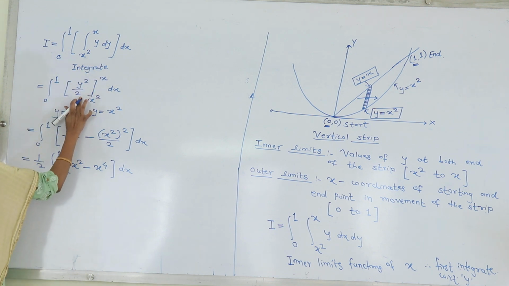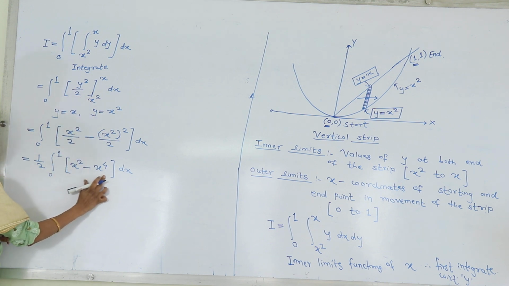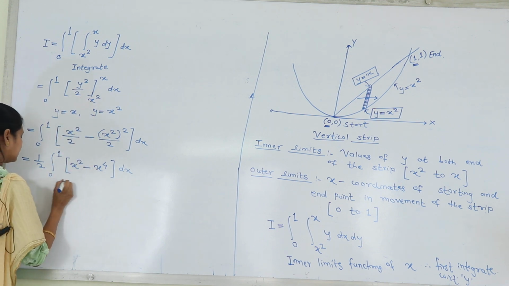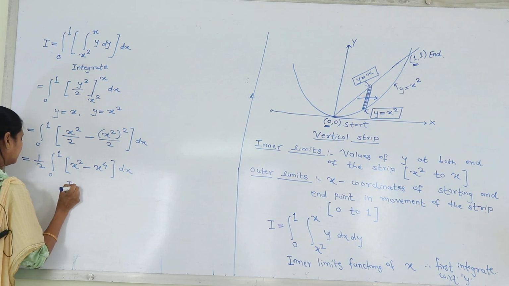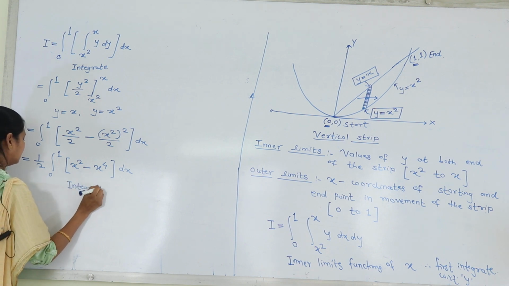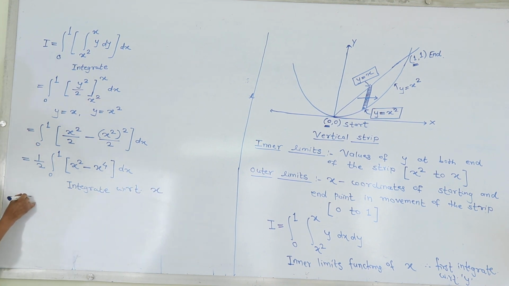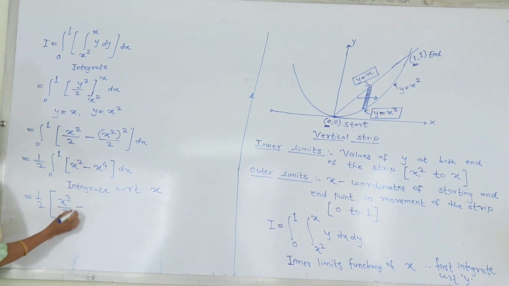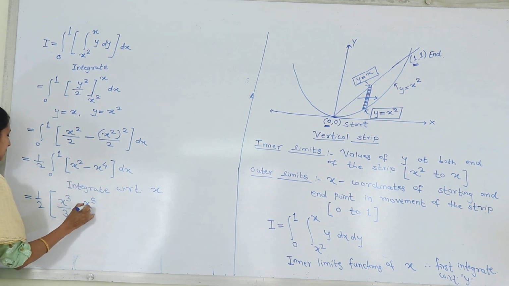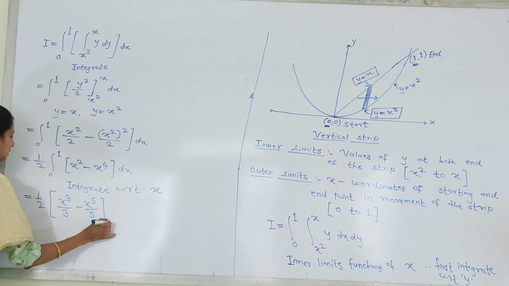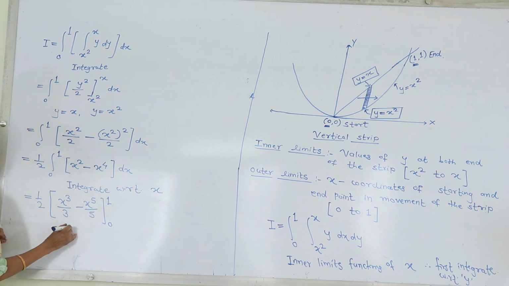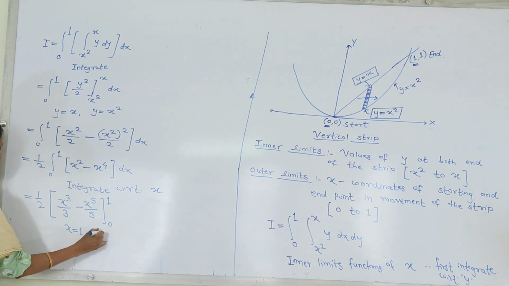First integrate with respect to y, then we put limits, and you will get only terms in x. Therefore then integrate with respect to x. Half the integration of x square is x cube by 3, minus the integration of x raised to 4, which is x raised to 5 by 5, limits 0 to 1. The upper limit is x equal to 1, and the lower limit is x equal to 0.